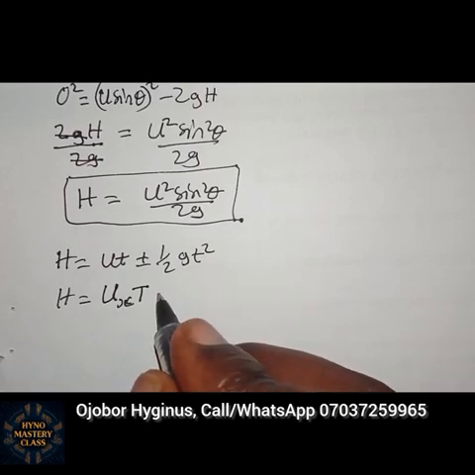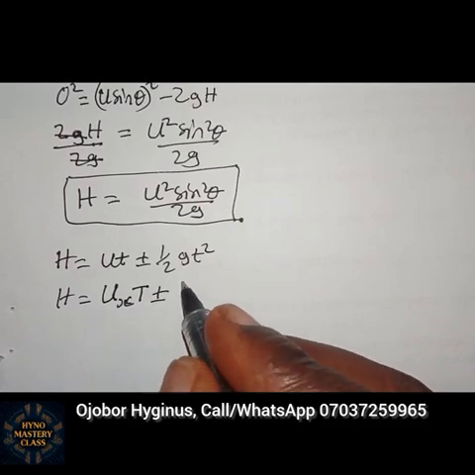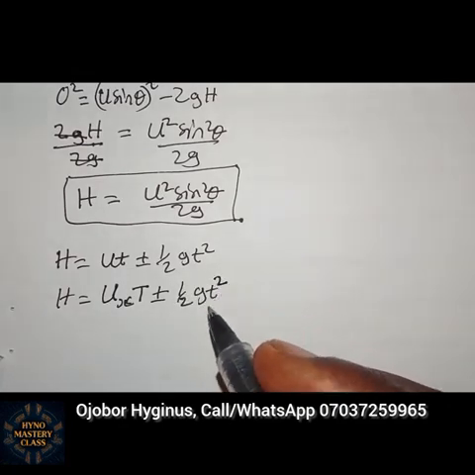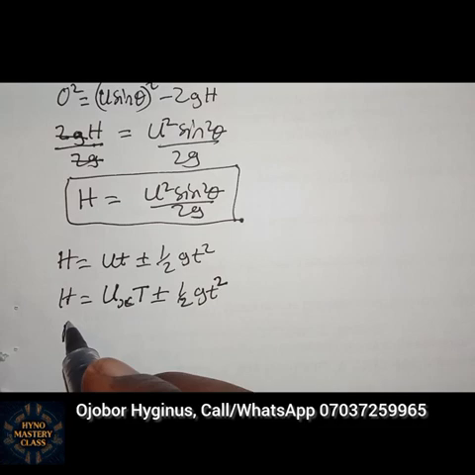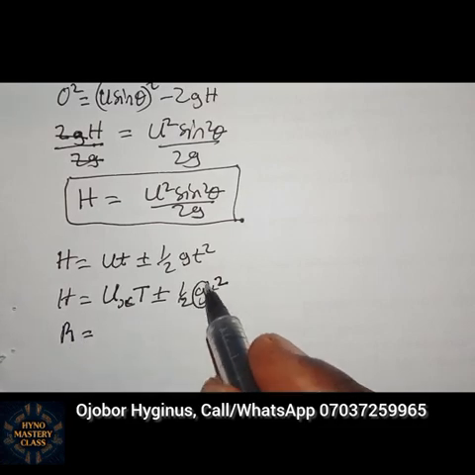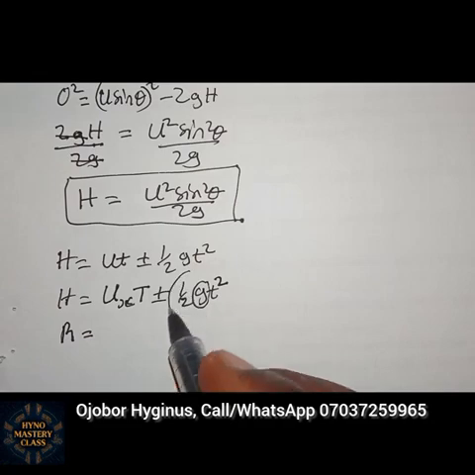Plus or minus, you can use both, because the body went up and still came down, half gt squared. But since we are considering the horizontal component, and this height h is now going to be r, it means that the acceleration due to gravity is 0 because gravity does not act horizontally, instead it is vertical. And if g is 0, everything here becomes 0.